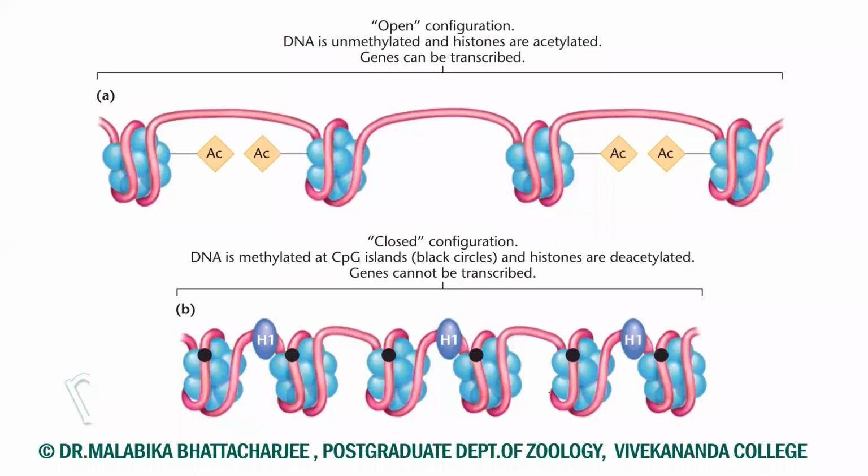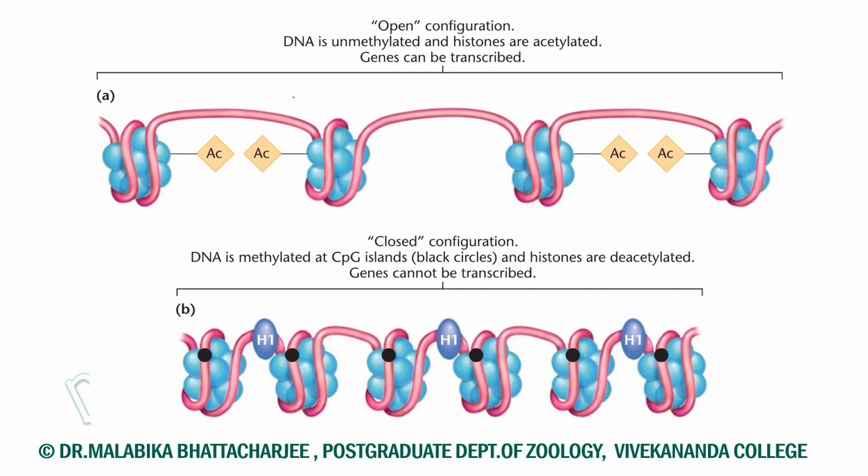Now, this is more of a molecular picture to show you what methylation and histone acetylation can do. I have not gone to histone acetylation till now, but in my next slide, I'll be talking about histone acetylation. But prior to that, I want to show you that DNA can exist in two forms. One is the open configuration and one is the closed configuration.